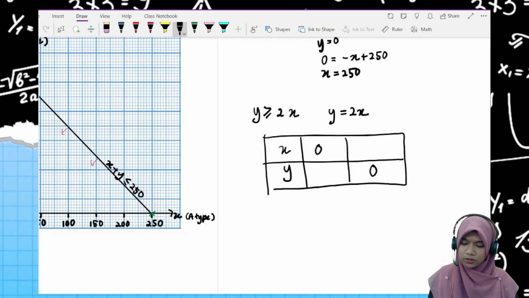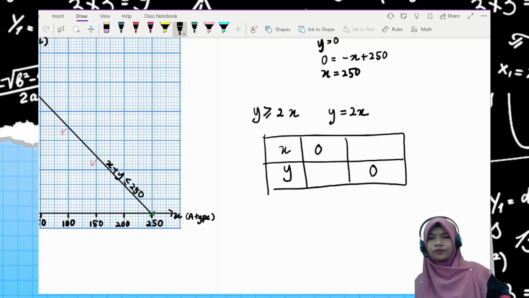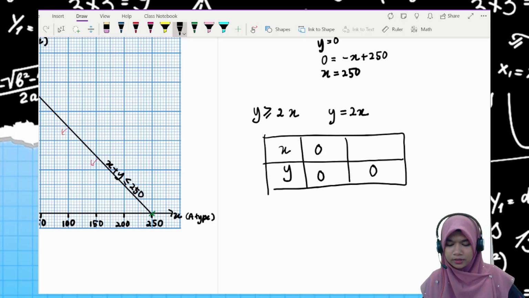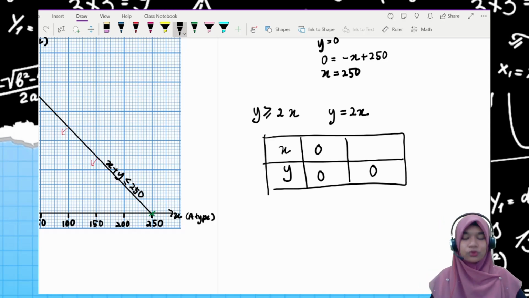And then you substitute. When x equals 0, what is the value of y? y also equals 0. Oh, we cannot take 0, sorry. We get 0 for both.